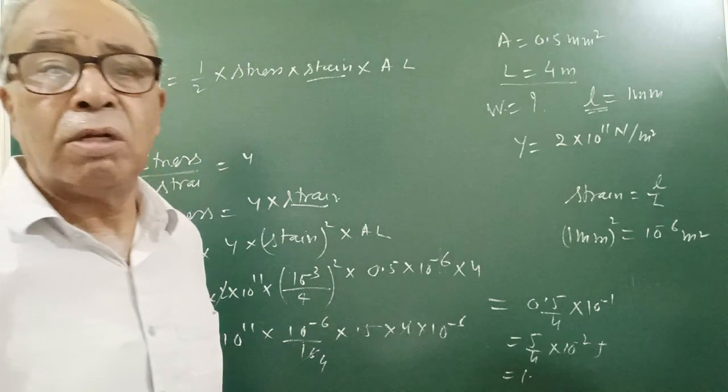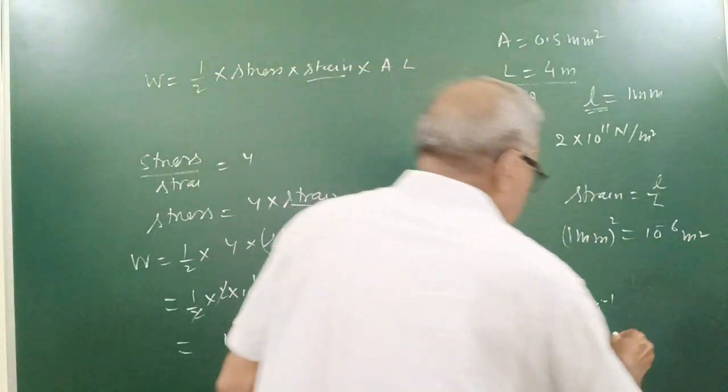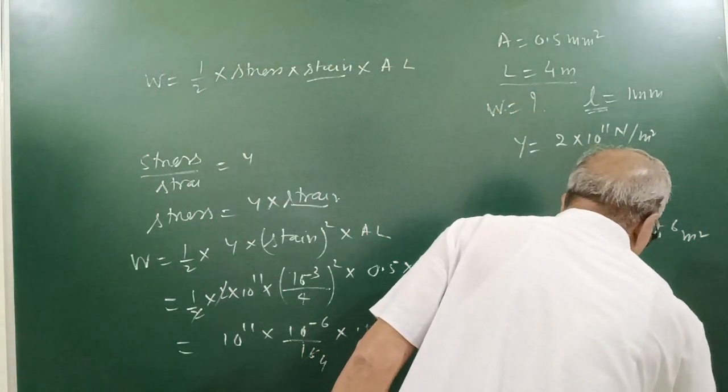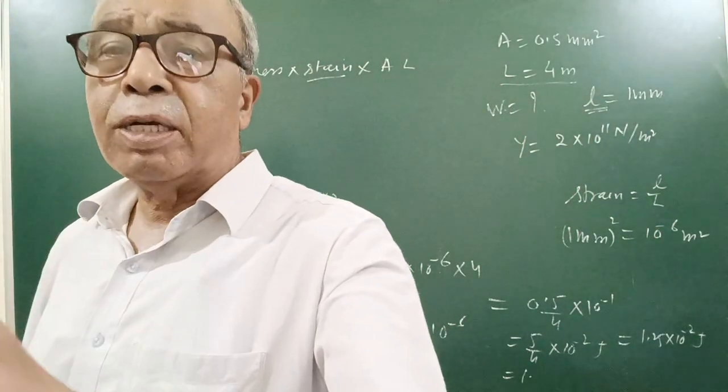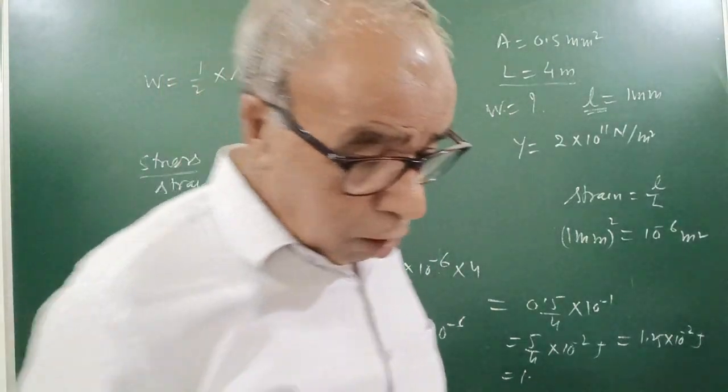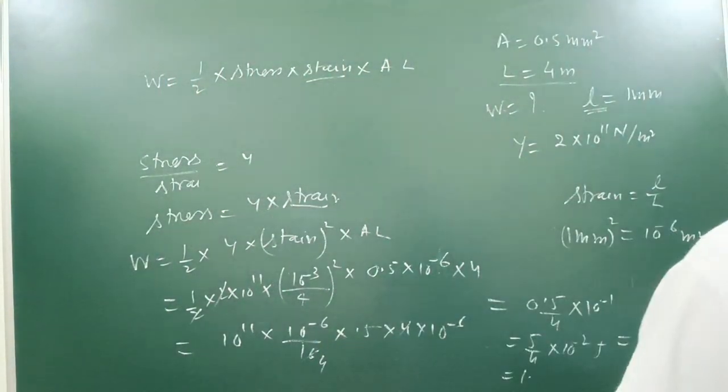It is about 1.25 into 10 to the power minus 2 joule, you can solve it. This is done, so I hope you have understood the problem.